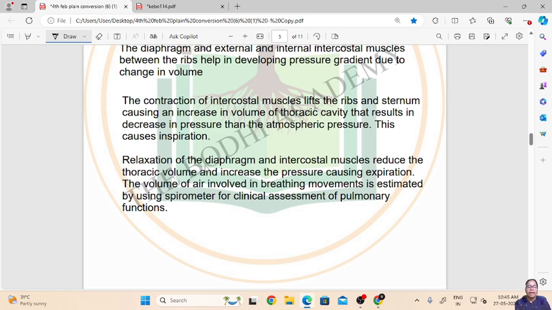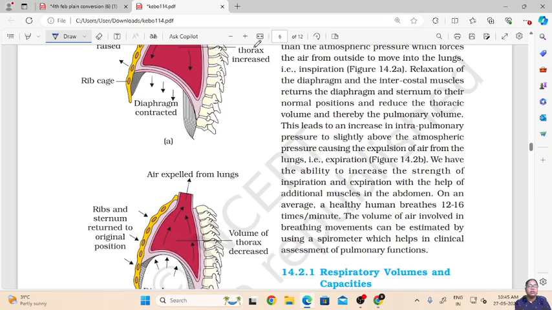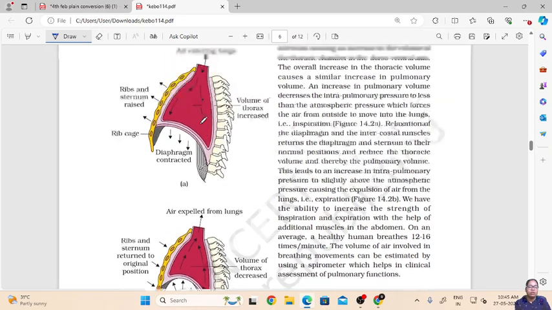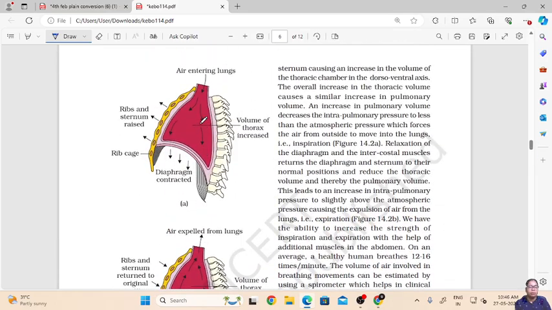The volume of air involved in breathing movement is estimated using a spirometer for clinical assessment of pulmonary function. Okay, so a spirometer is used for seeing the breathing movement. This is a device. So this is how inspiration and expiration take place in human beings.